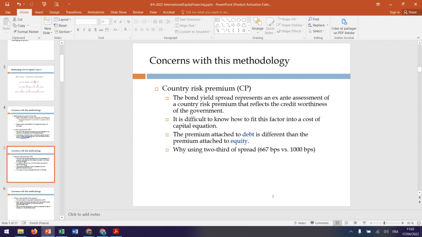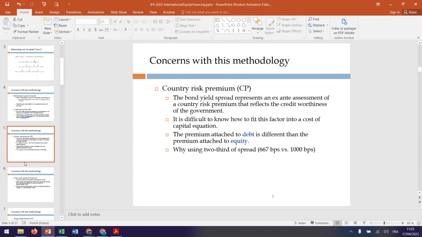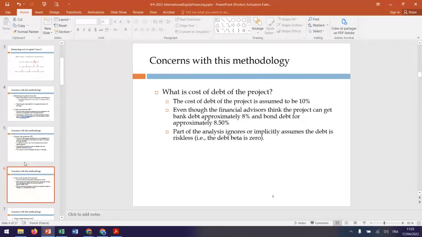But never mind, we can make some assumption based on this as a proxy of the country risk premium to compensate political risk. Okay. And then they said, okay, 1,000 basis points looks exaggerated, so I take 2/3, but why 2/3? We don't know. It just said that it's 2/3. Okay, that is the second one. They have other ways to compute the political risk premium, but this one is an example, and we often use it by using the sovereign bond yield as a proxy of the country risk premium.